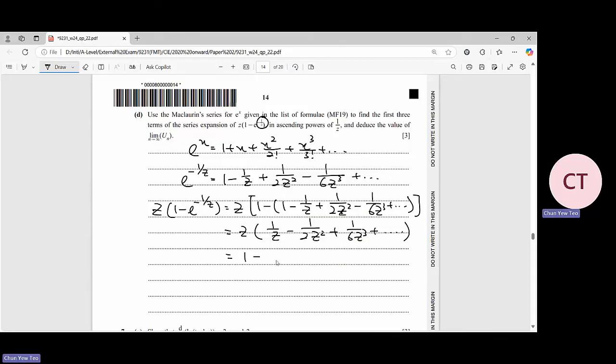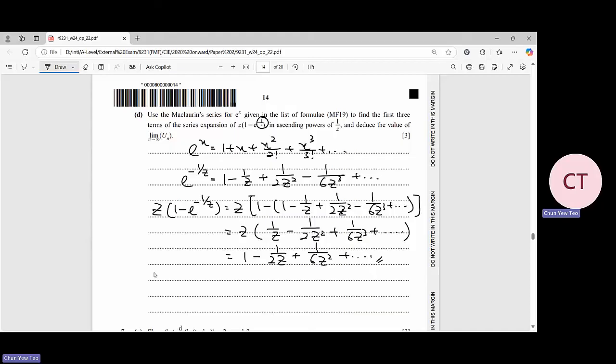Multiply them inside, you get 1 minus 1 over 2z plus 1 over 6z squared, and so on. So these are the first three terms for the expression, in ascending power of 1 over z.